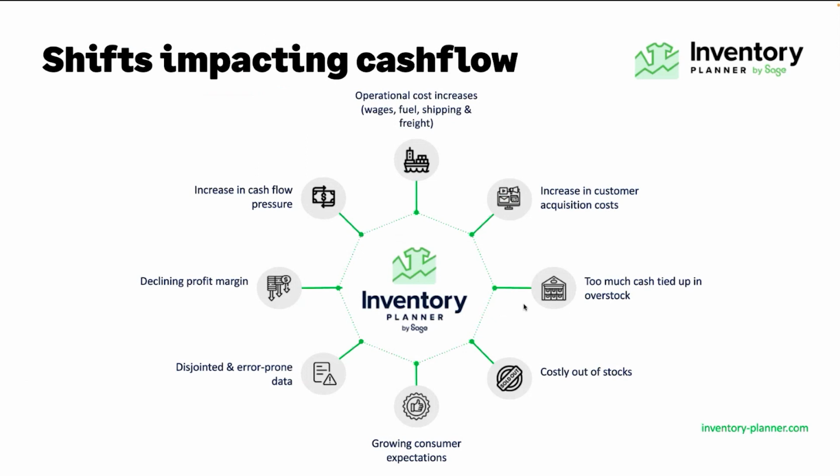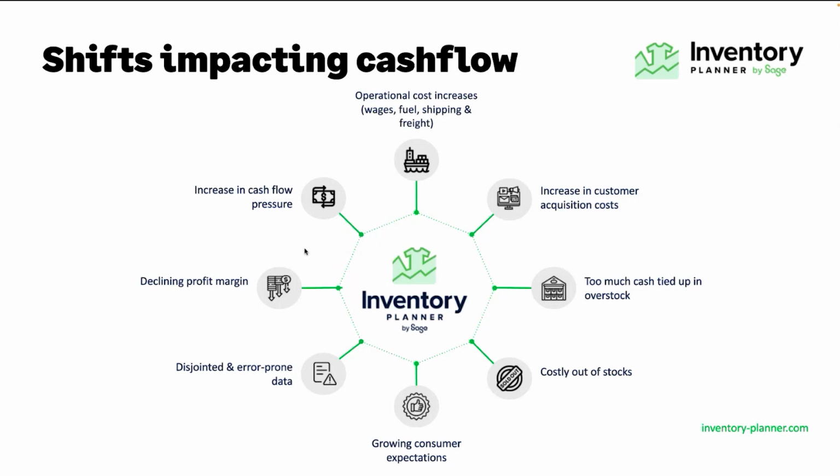The reason why inventory forecasting has become so important, and we've seen so much demand for this type of service, is that inventory is often the largest item on the balance sheet. It has one of the biggest impacts on managing cash flow, and the cost of virtually everything has gone up: the cost of acquiring customers, imports and duties and freight, and the cost of labour.